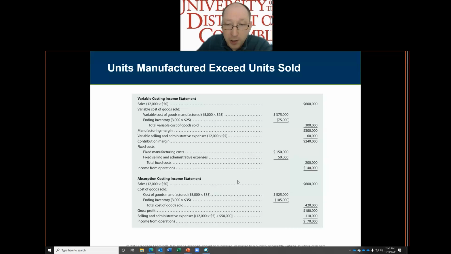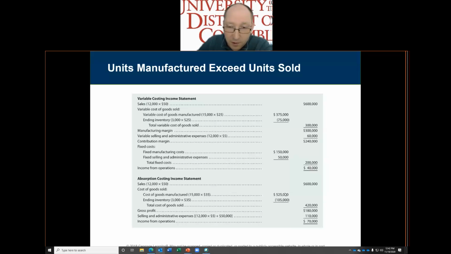Under absorption costing, it looks like this. Sales 600. Cost of goods manufactured 15 times the $35. Why 35? Oh, that's because the 25 plus the 10, right?